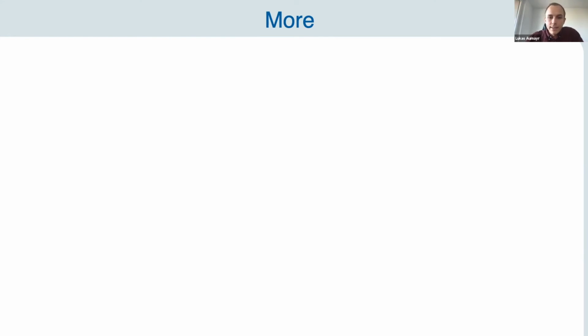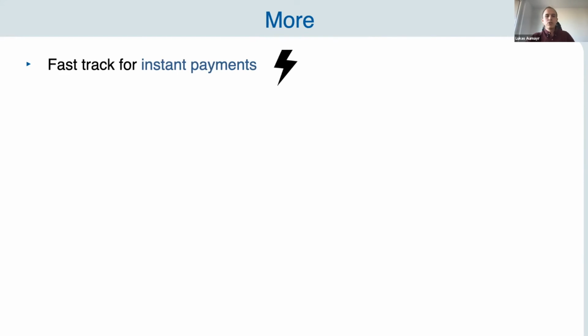However, in the case that there are only honest users, you still might not want to wait until this timeout t expires, which is why we introduced the fast track for payments. This is an optional second round of communication for efficiency reasons, which we can use to achieve also these instant payments, similar to what we have also in the Lightning network in the case of honest payments.